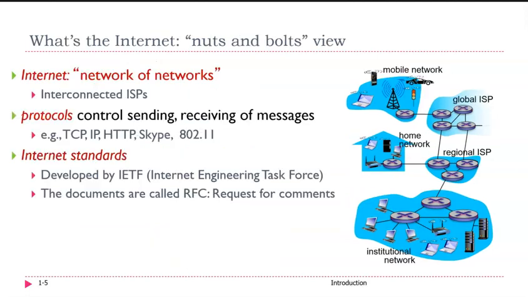More on the internet in terms of the hardware and software view. The internet is also called a network of networks, made up of interconnected ISPs. ISP is the internet service provider.